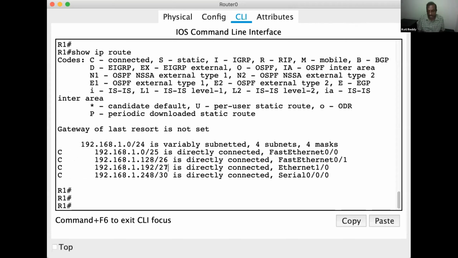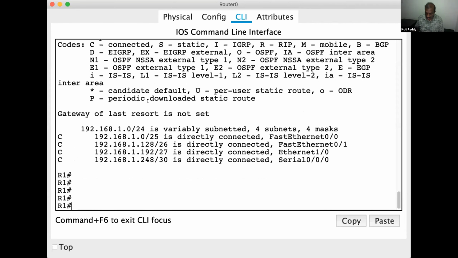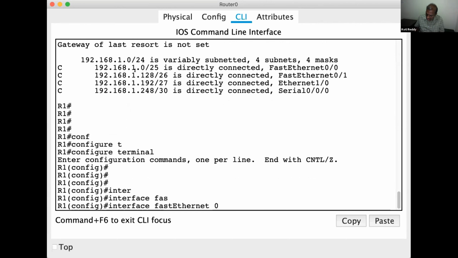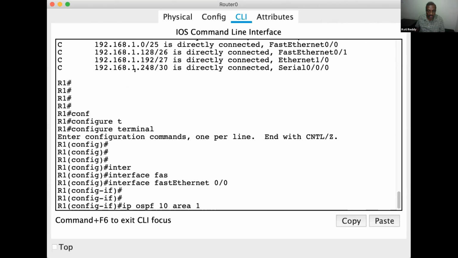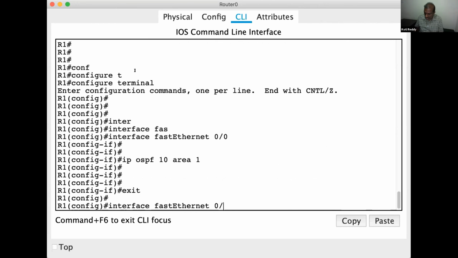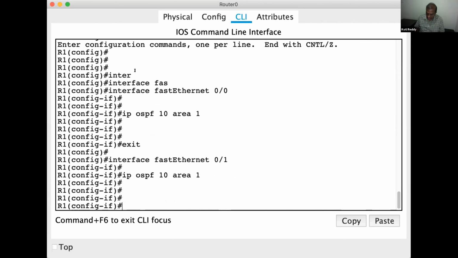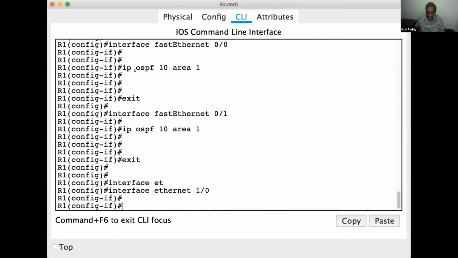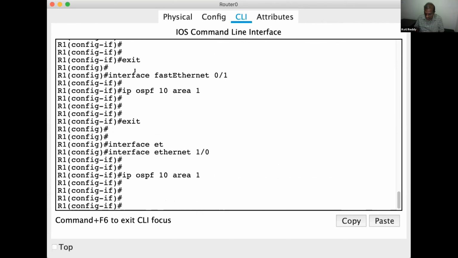I saw this yesterday; somehow it is not working with the connected network. It happens sometimes, sometimes not. So let's enable all interfaces. Configure terminal, interface FastEthernet 0/0, ip ospf 10 area 1. Exit, interface 0/1, ip ospf 10 area 1. Exit, interface Ethernet 1/0, ip ospf 10 area 1.